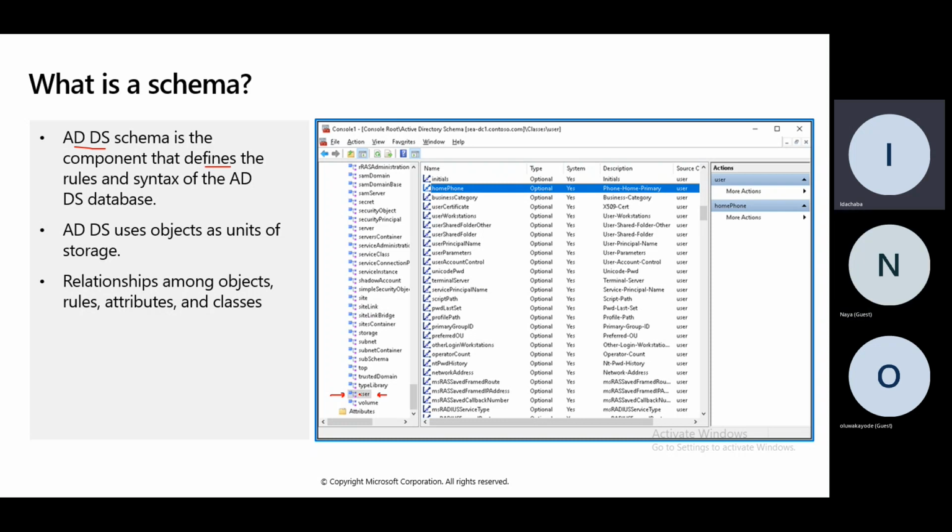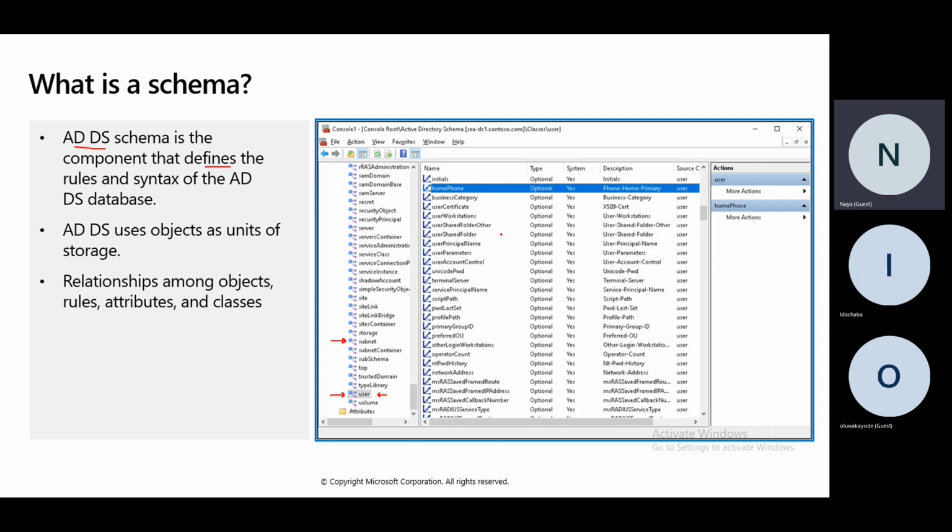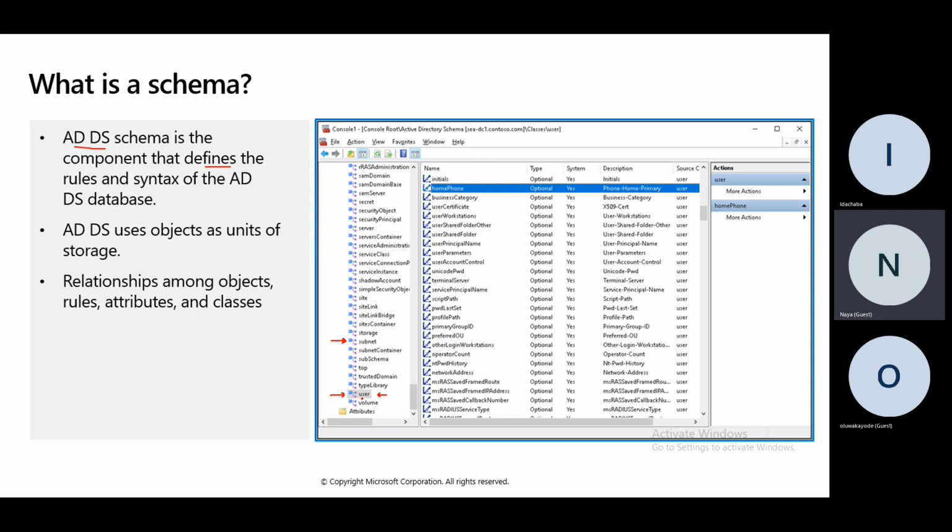So imagine, when you look at this, what schema is this one? Subnet. So when you click subnet, what are you going to see? Look at it again. What is here? User.